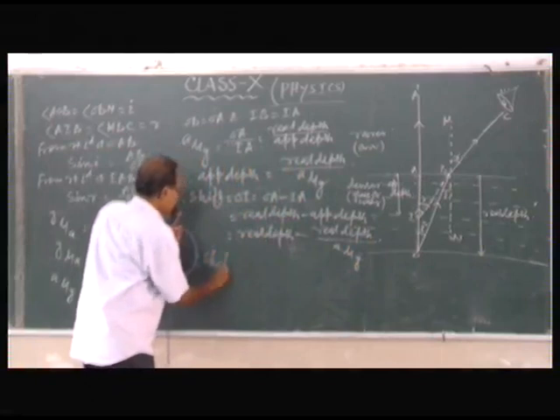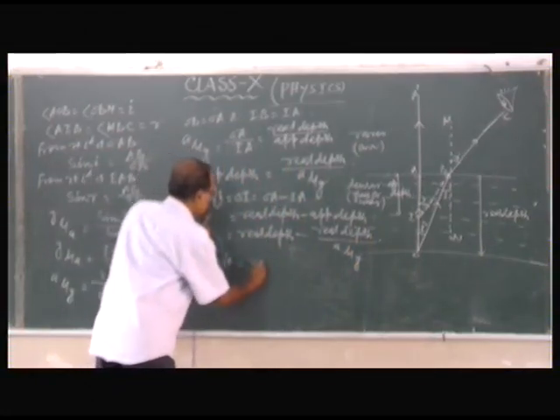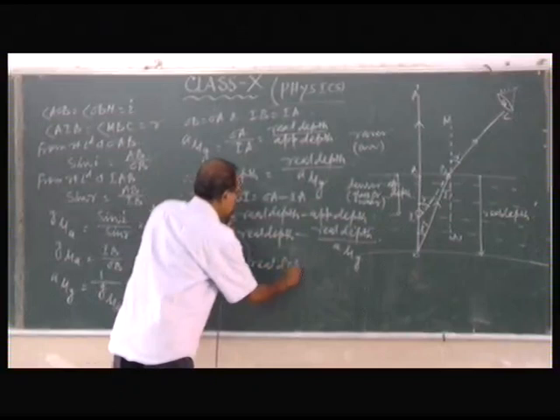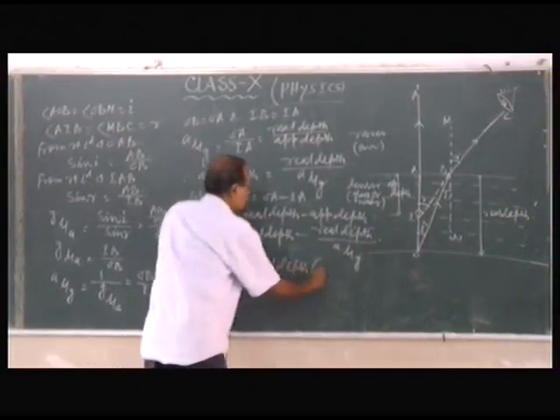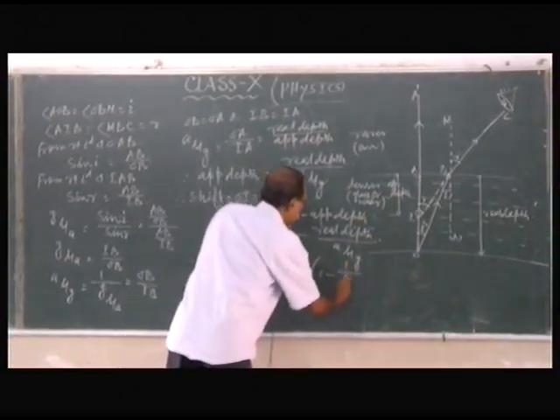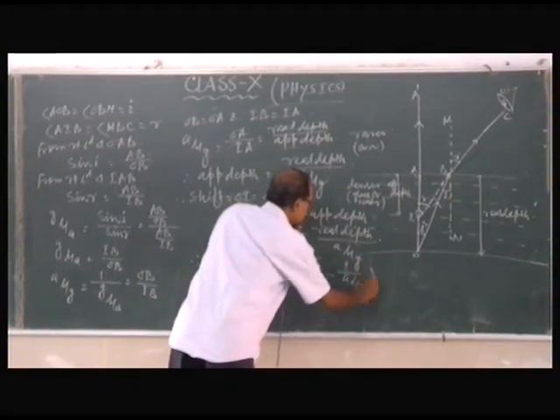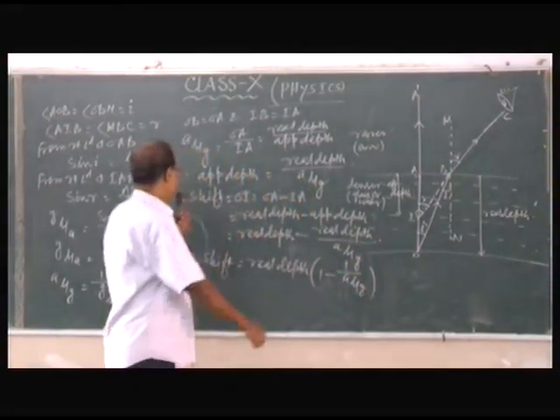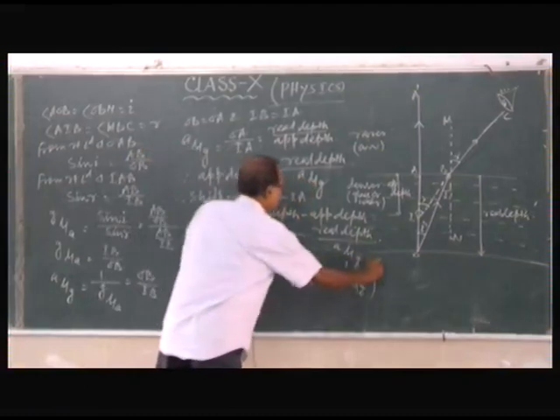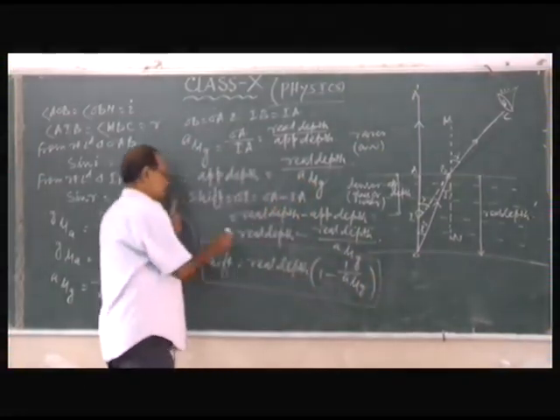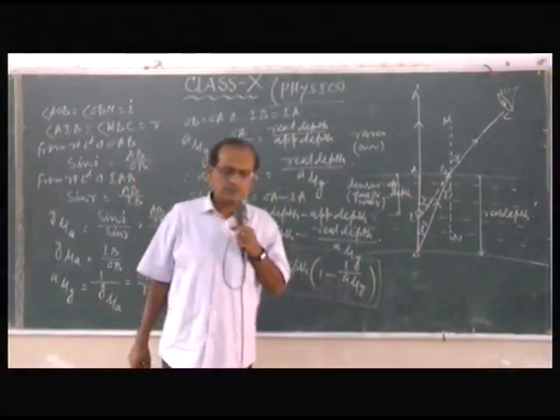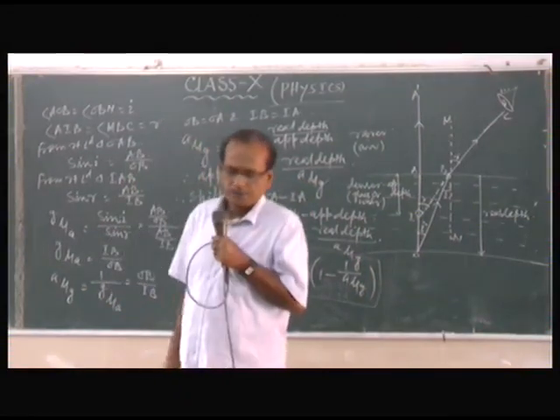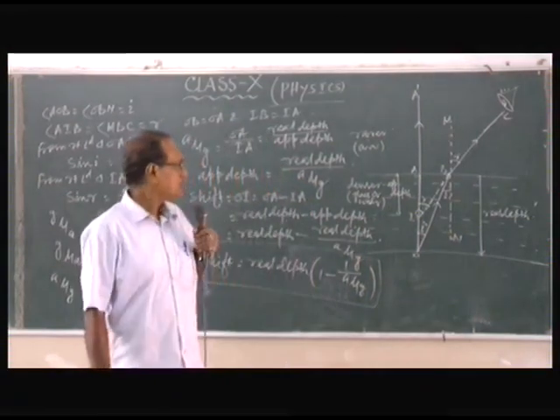Therefore, shift is equal to real depth times 1 minus 1 by A mu G.